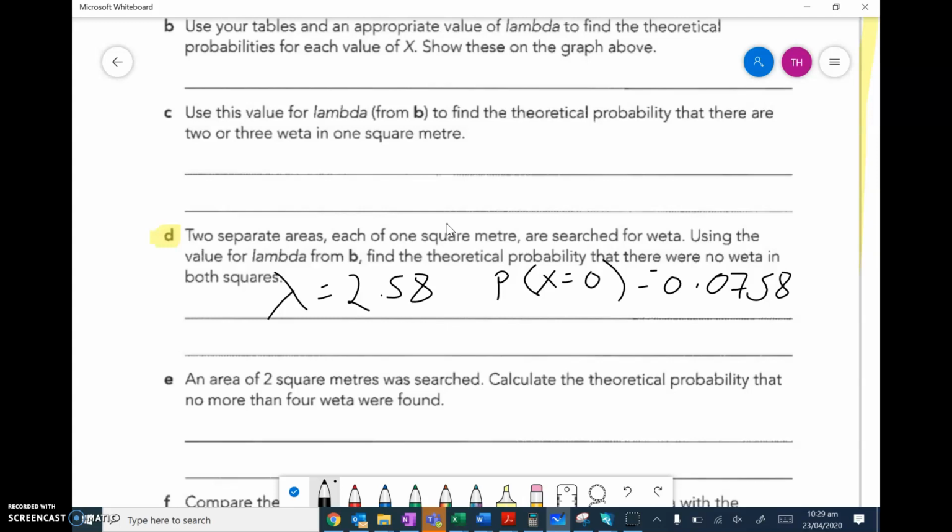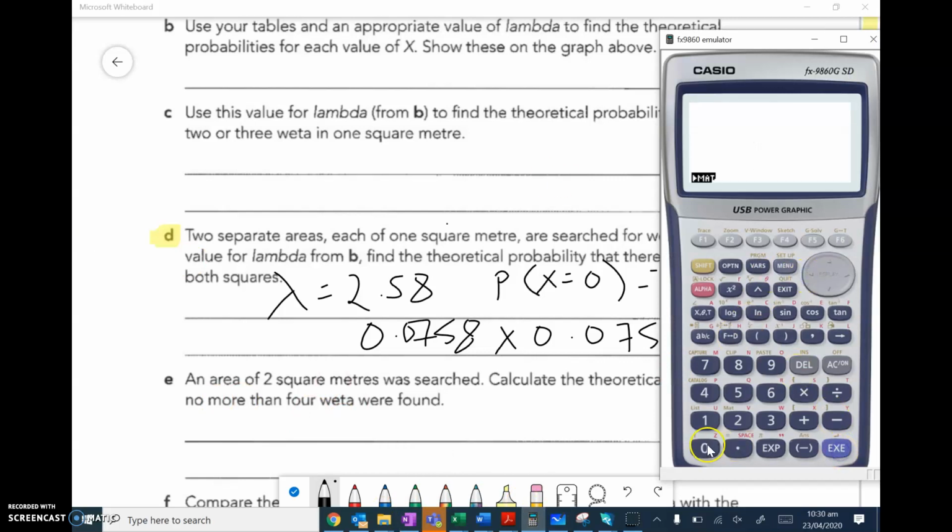And now what I need to do to this is, so there are two separate areas with that probability. So to work out both being 0, I need to do 0.0758 times 0.0758. I wrote this in my book, but obviously didn't.